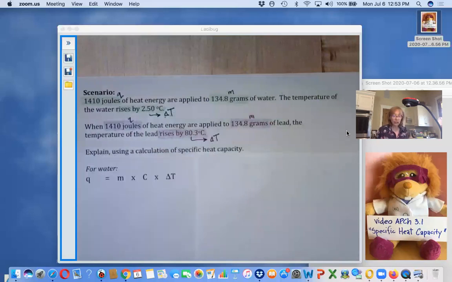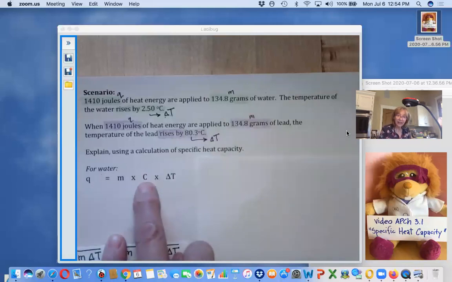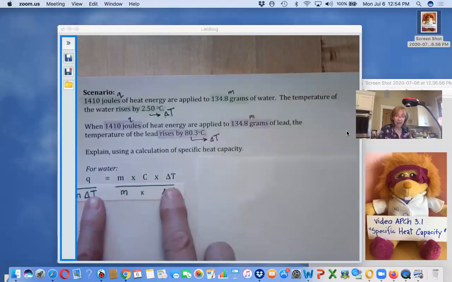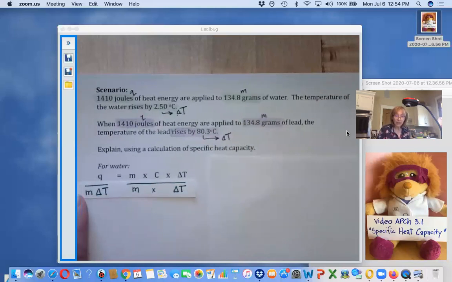All right, so we are going to use our mCΔT equation, Q equals m times c times ΔT. But I want us to calculate the specific heat capacity for water. So to do that, I want to isolate the variable C. So I'm simply going to divide both sides of my equation by m times ΔT.